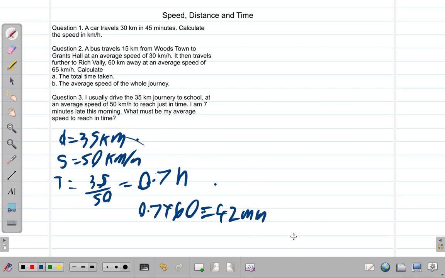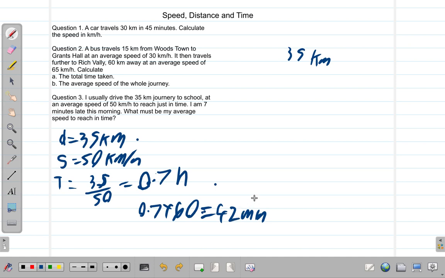But anyway, let's look at this. 7 minutes late. Then what happens is that we must cover 35 kilometers in, not 42, but in 7 from 42.